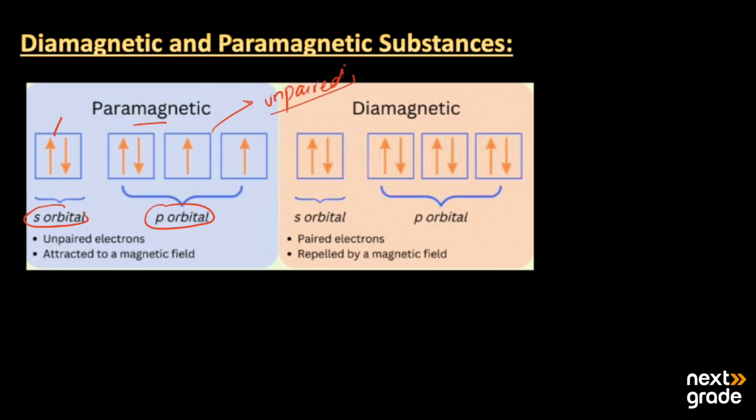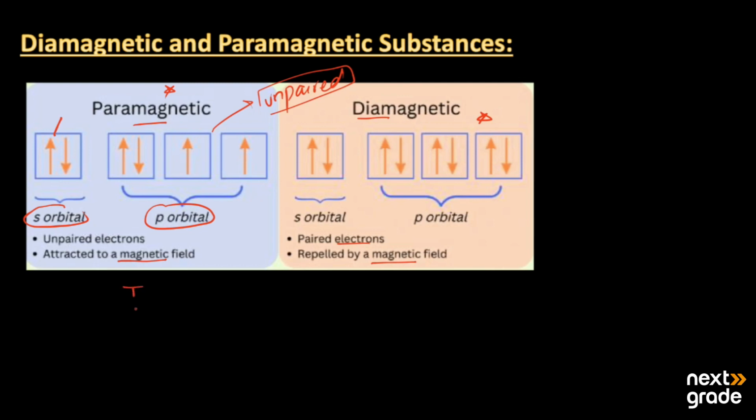When an atom has an unpaired electron, it is attracted towards the magnetic field. This behavior is called paramagnetic behavior. On the other hand, in diamagnetic behavior, the s orbital is fully filled, and likewise the p orbital is also completely filled. So they have all paired electrons and they are repelled by the magnetic field. This behavior is called diamagnetic behavior.